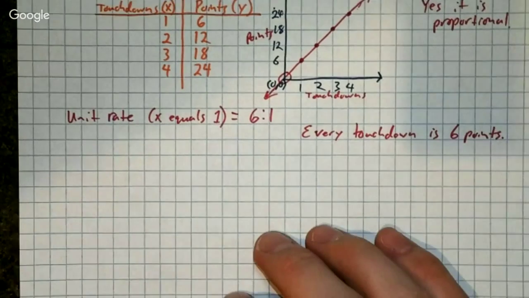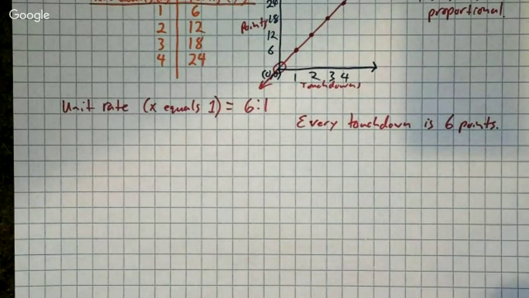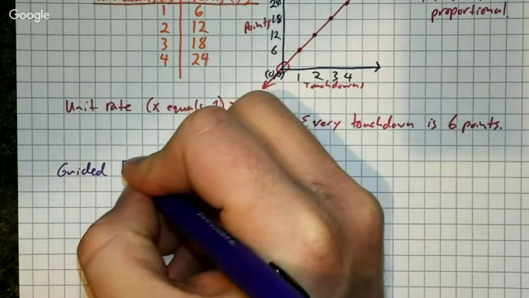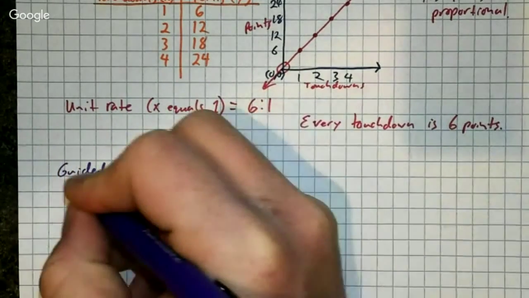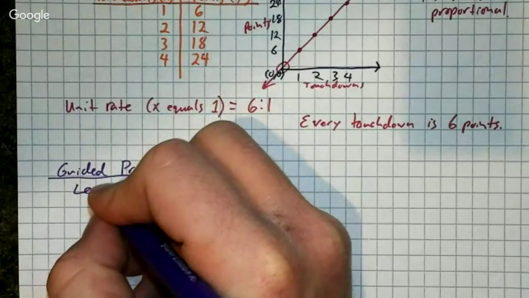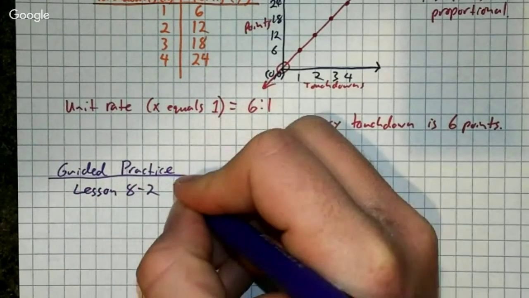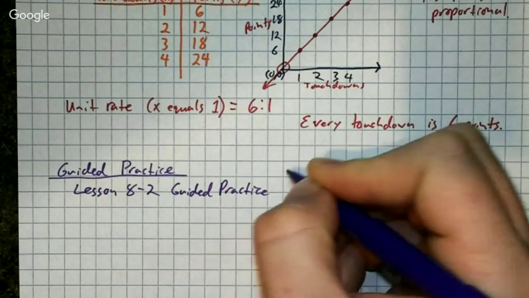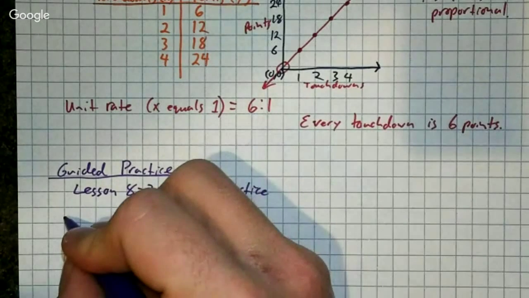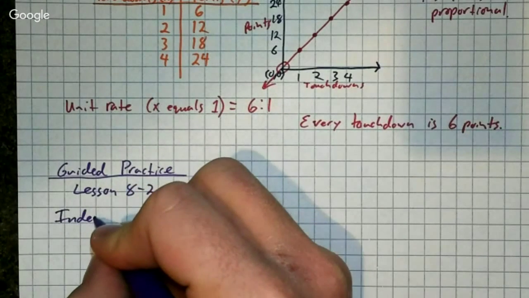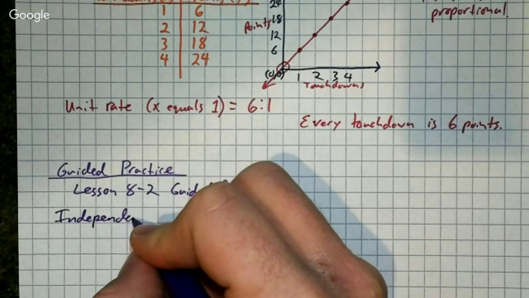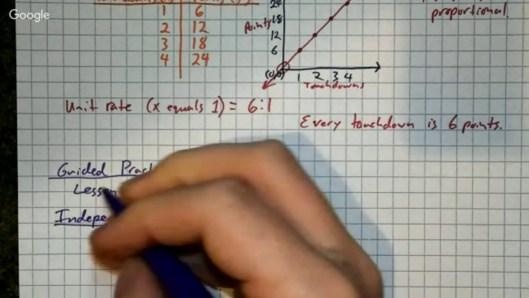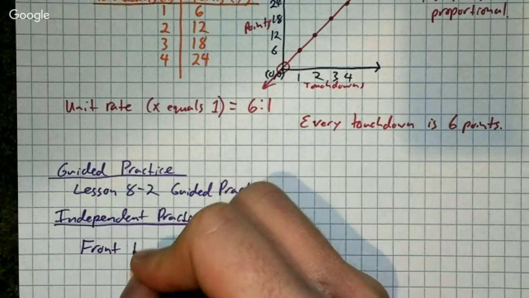All right, so that's it for the lesson today. I'm going to go ahead and write down our guided and independent practice. Our guided practice is going to be lesson 8-2, guided practice. And remember, that is posted on your Pearson site. Our independent practice, you are going to go to Front Row Ed.